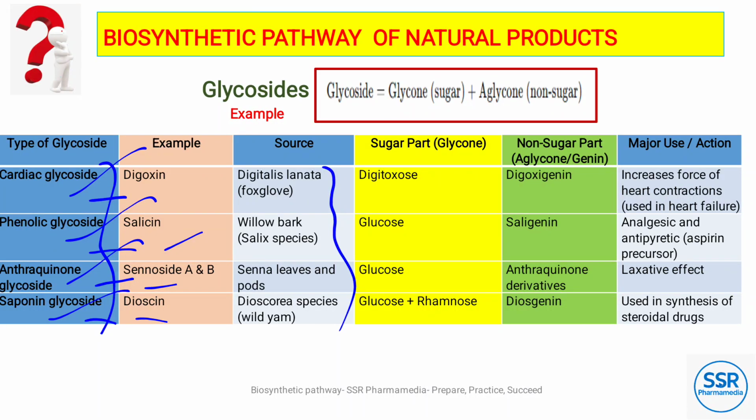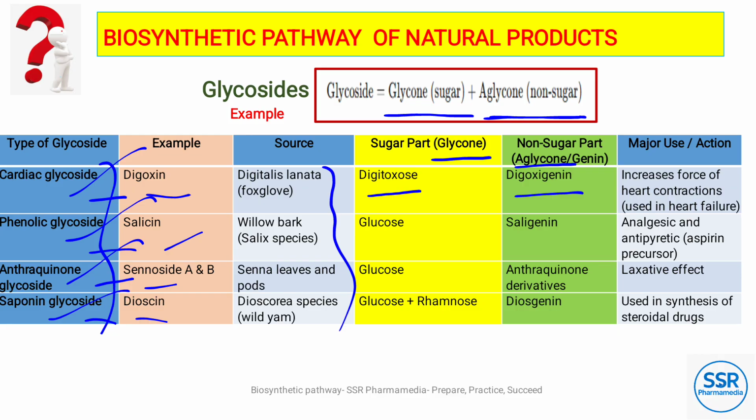In each glycoside, there are two parts: the glycone part is the sugar, and the aglycone is the non-sugar part. In digoxin, digitoxose is the glycone part and digoxigenin is the aglycone part. In salicin, glucose is the glycone part and salicyl alcohol is the aglycone part.